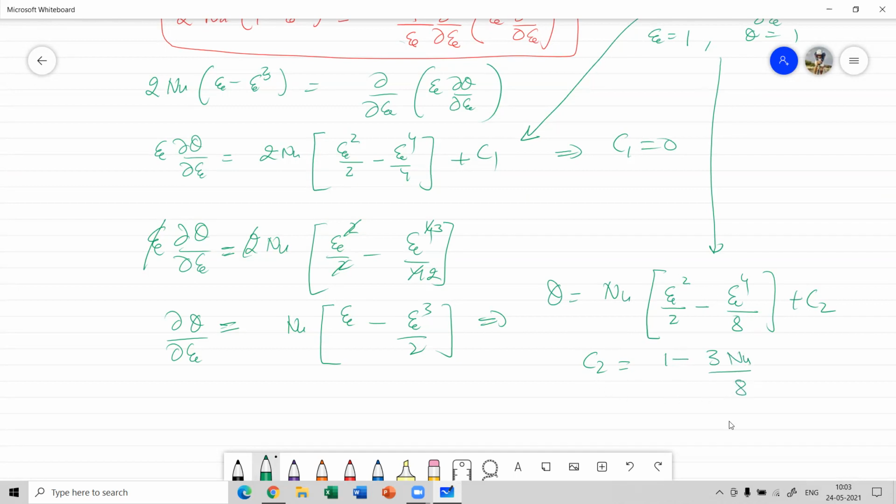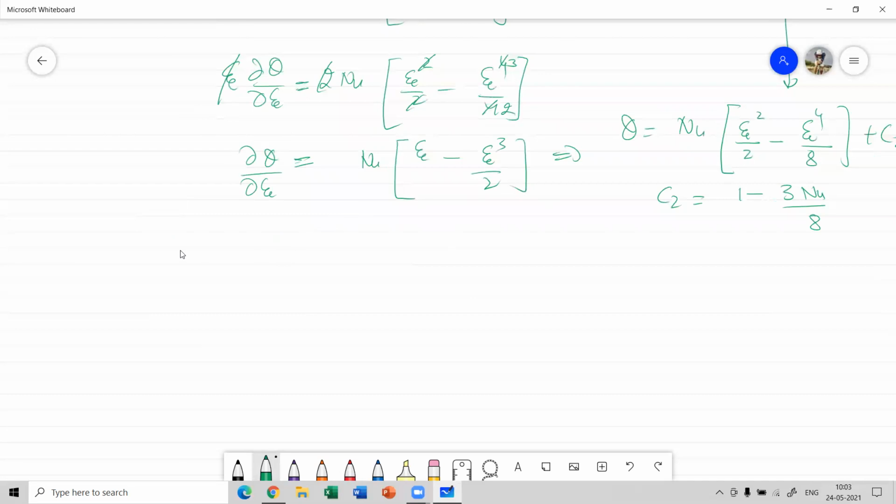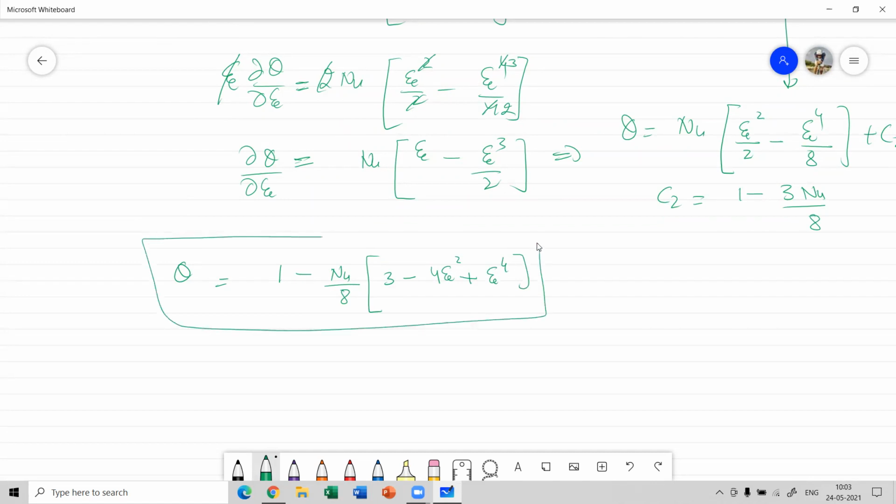So upon substituting back, we have theta as an expression of 1 minus Nusselt number by 8 into 3 minus 4 zeta square plus zeta 4. So we have the pure theta expression in terms of your Nusselt number. If you substitute this back over here and rearrange it, we're going to end up with this expression of theta in terms of your Nusselt number.